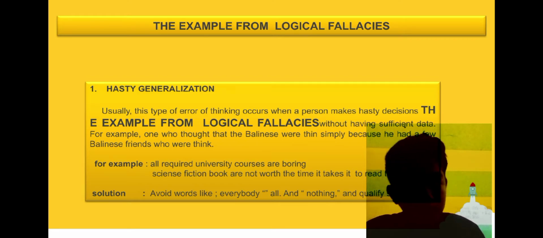For example, all required university courses are boring. Science fiction books are not worth the time it takes to read them. Solution: avoid words like everybody, all and nothing, and qualify your statement.